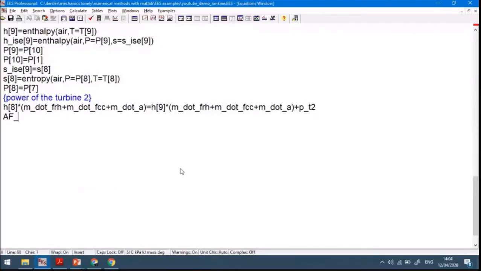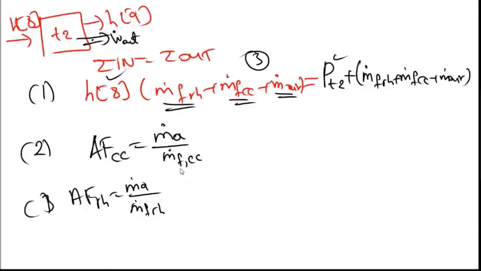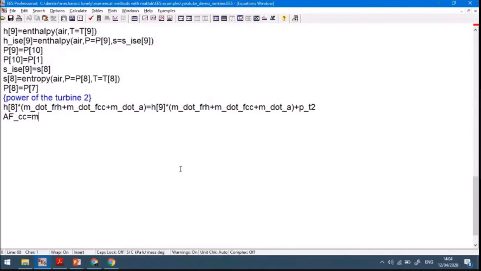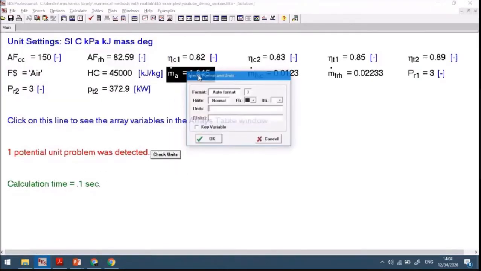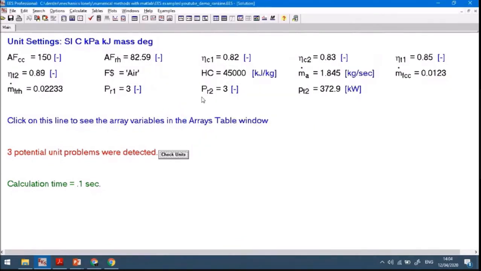AF of the combustion chamber is m dot of air divided by m dot of the combustion chamber. The air fuel ratio of the reheater is m dot of air divided by m dot of the combustion chamber, reheater. That's it. We have solved it. Now let's write the values, with units for the values: kilograms per second.